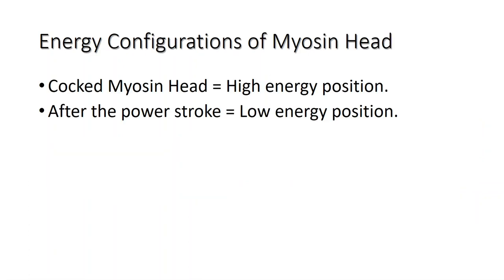When the myosin head is cocked, myosin is in a high energy configuration. This energy is utilized as the myosin head moves through the power stroke. At the end of the power stroke, the myosin head is in a low energy position. After the power stroke, adenosine diphosphate is released.